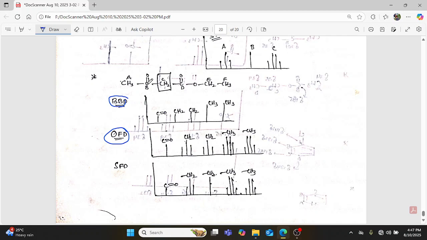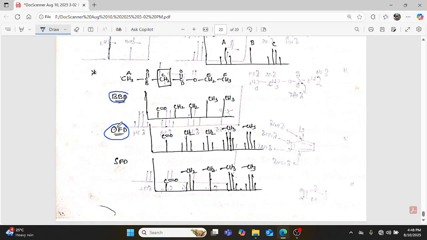C double bond O means no attachment of hydrogen, so singlet. Intensity is based on the number of hydrogens; as the number of hydrogens increases, the intensity increases. In selective decoupling, suppose I don't want the coupled spectrum of this carbon, then this CH2 will appear as a singlet.